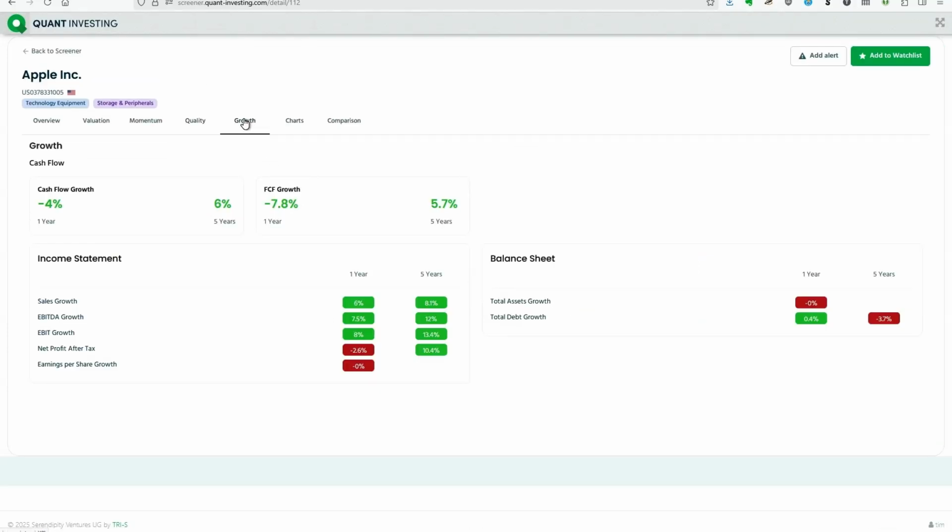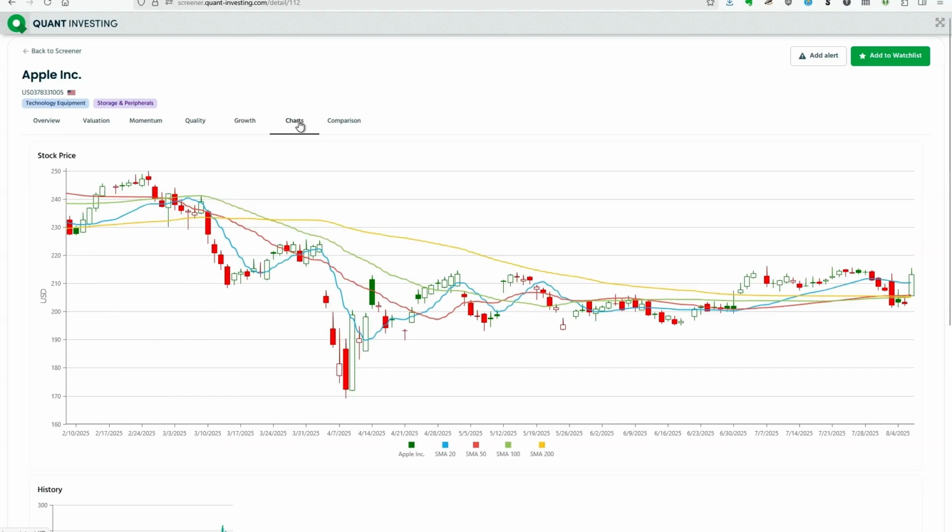Here's the growth ratios. Cash flow growth, free cash flow growth, sales growth 1 and 5 years, EBITDA growth, EBIT growth. And here's the balance sheet. Total asset growth for 1 year and total debt growth. Then if you go to charts, you'll see here is a candlestick chart for 1 year.